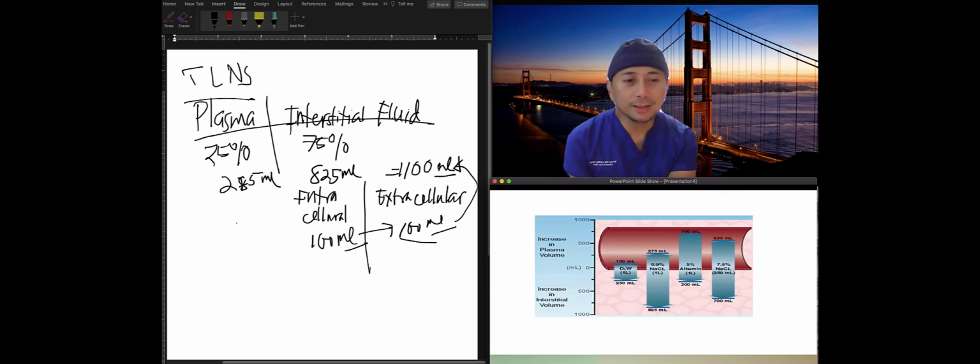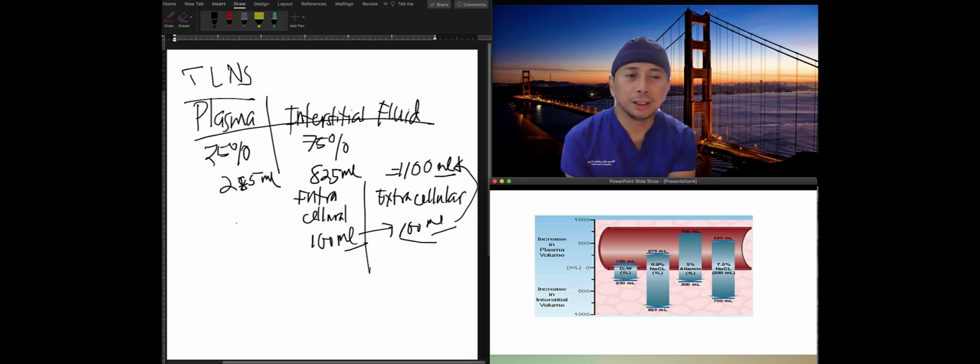Okay, so this picture here is telling us you give me 1 liter of D5 water, it's just gonna give you an additional 100 ml into your plasma level, but 250 ml into the interstitial fluid. So it's not enough.